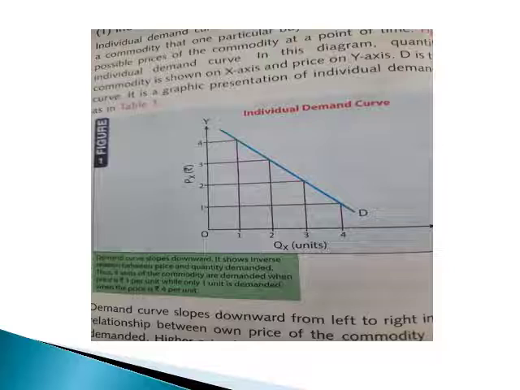And if there is further rise in price to 3 rupees per unit, quantity demanded comes to 2, and at price 4, quantity demanded is 1. After joining these points, we will get a curve. This curve is known as individual demand curve.